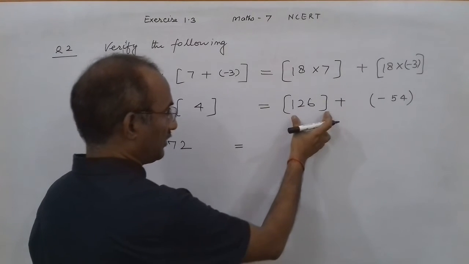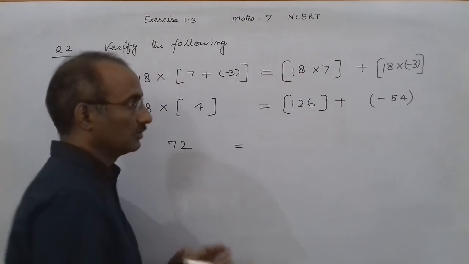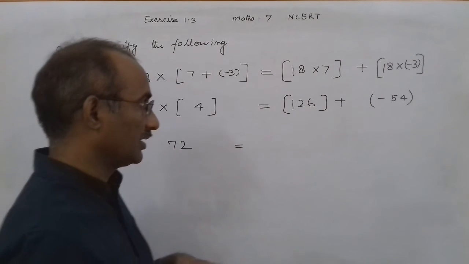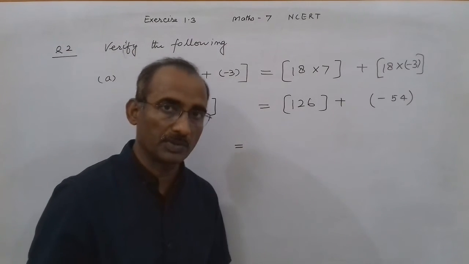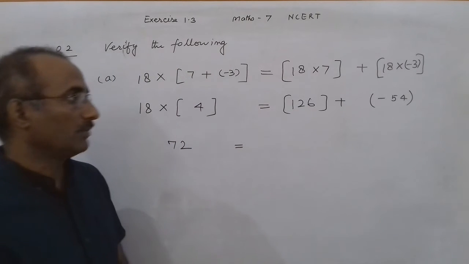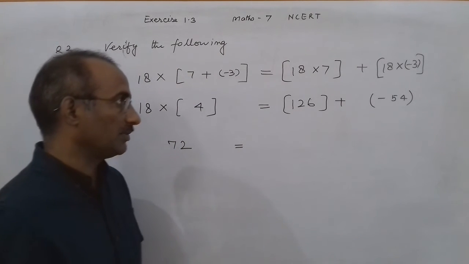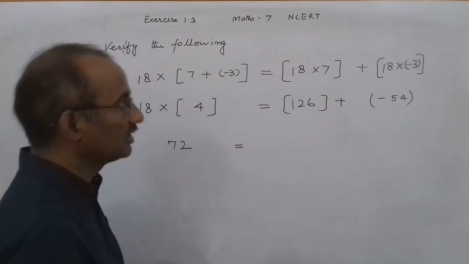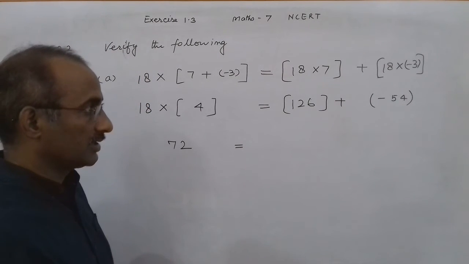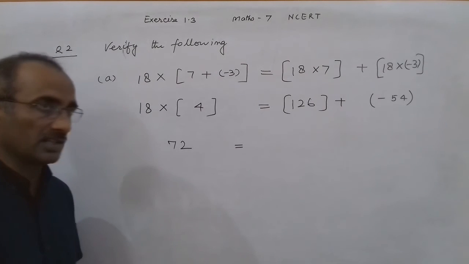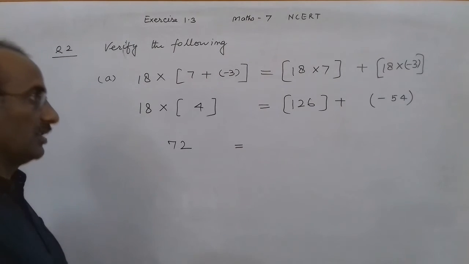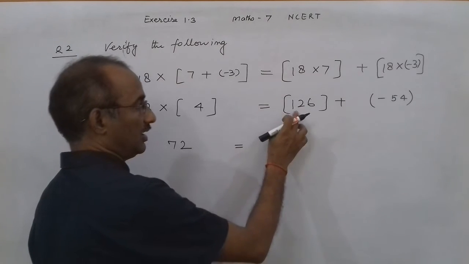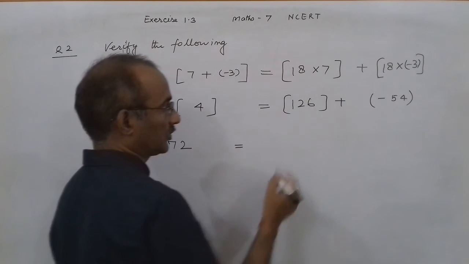And here we have to find the sum of 126 and minus 54. Minus 54 is a negative integer and 126 is a positive integer. So to find the sum of a positive integer and a negative integer, we subtract 54 from 126.